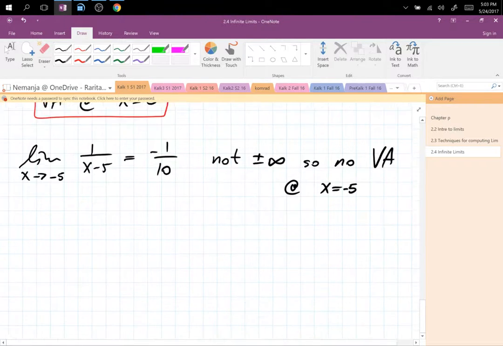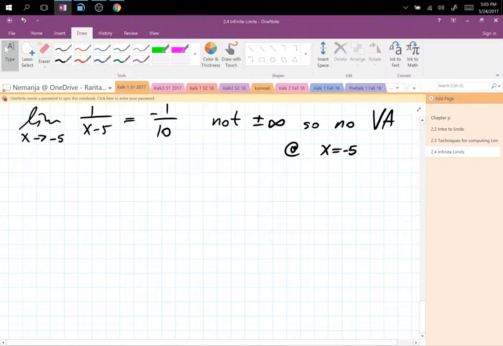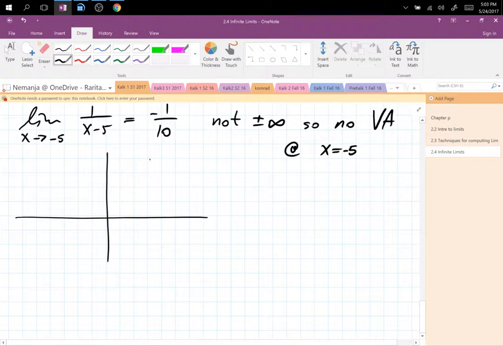So if I am to graph this function, I will draw the vertical asymptote at positive 5, and then at negative 5, at negative 1/10, I have the open circle.